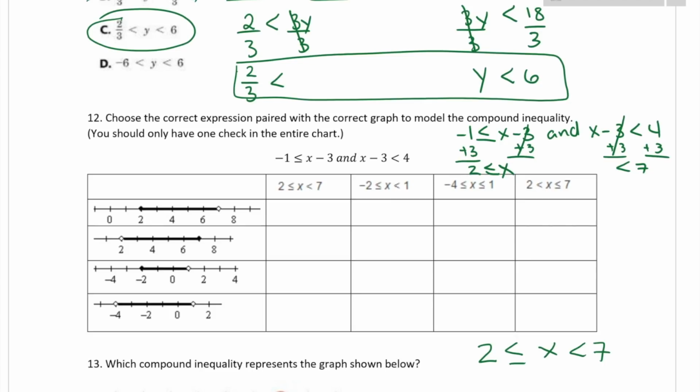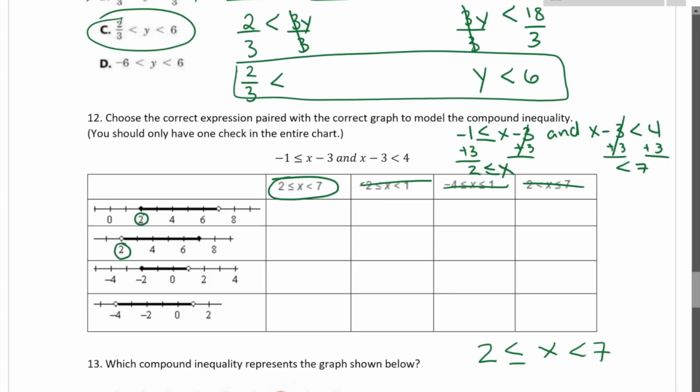Yes, the first one right here. So I know that this right here, none of these are correct. All right. So now I've got to look at this row and see if any of these match. So I've got to look at 2. Okay, 2 matches here. 2 matches here. -2, well, that's wrong. So this one's wrong. -4, that's really wrong.